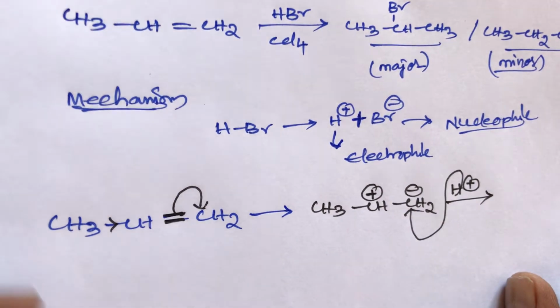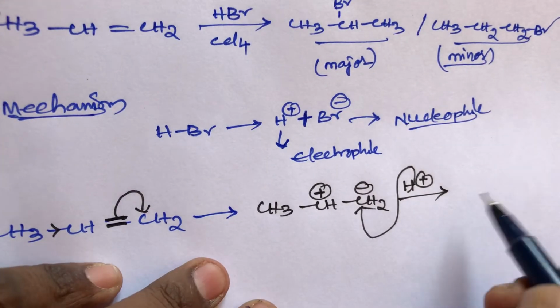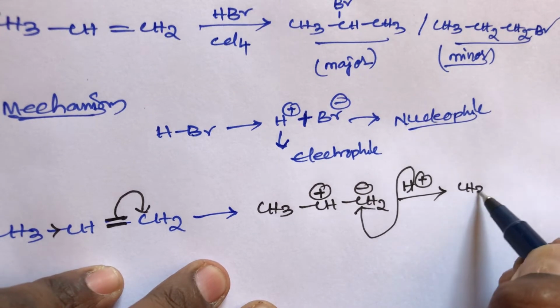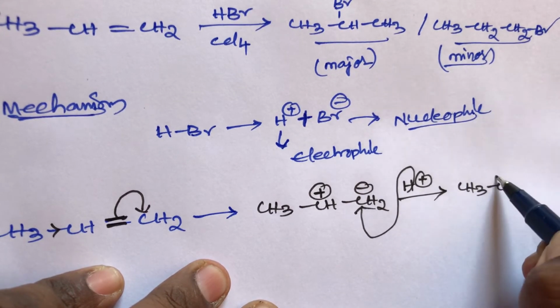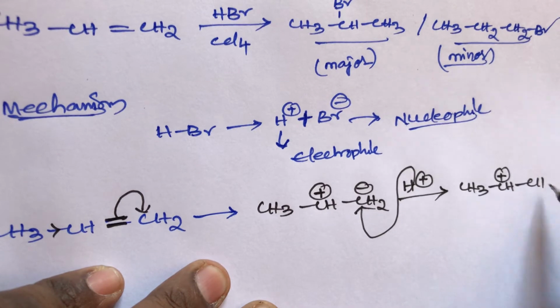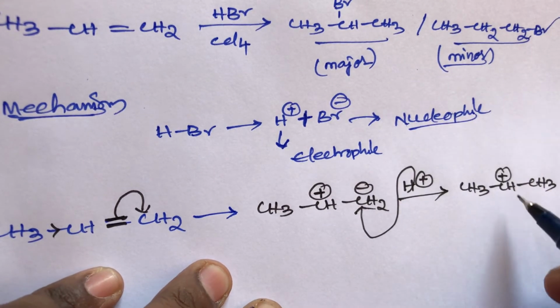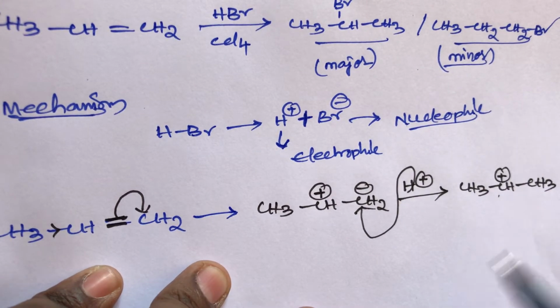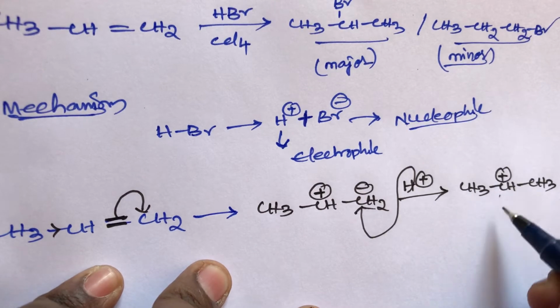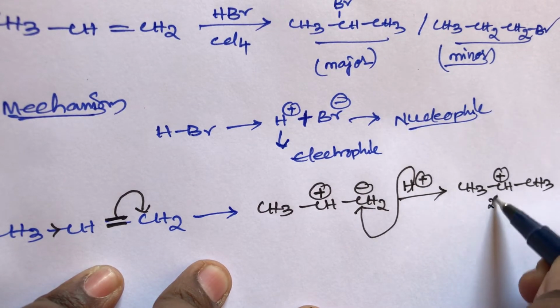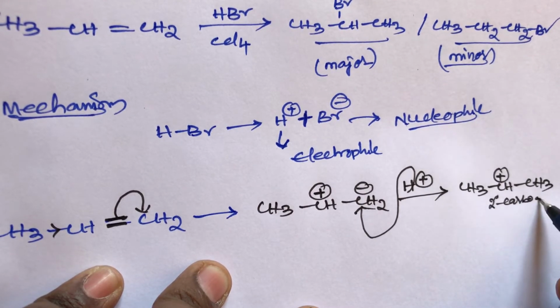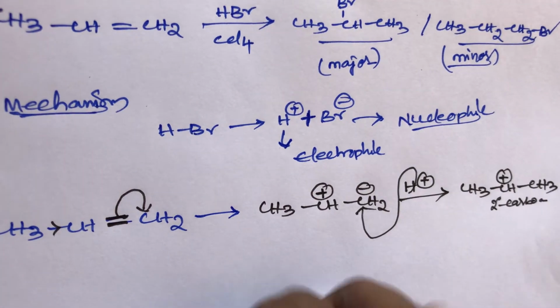We get an intermediate, CH3-CH plus-CH3. It is a carbocation, a secondary carbocation, because the positive charge is present on a secondary carbon. It is also an intermediate product.